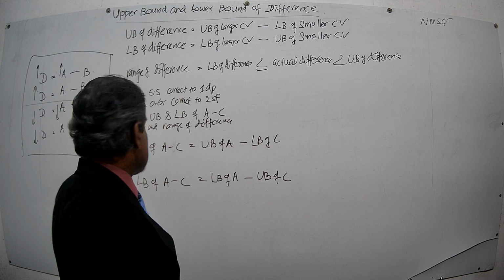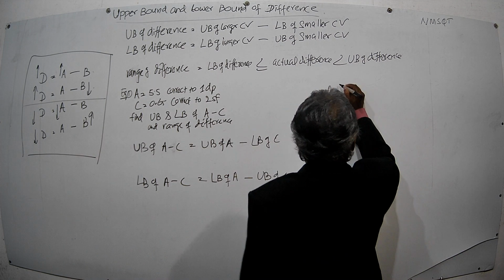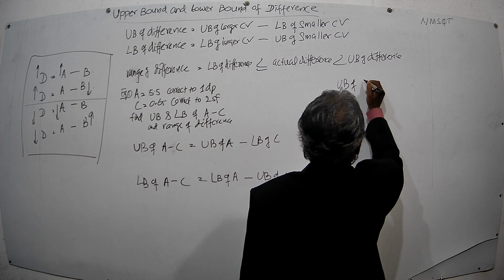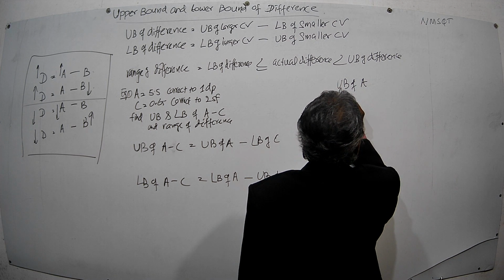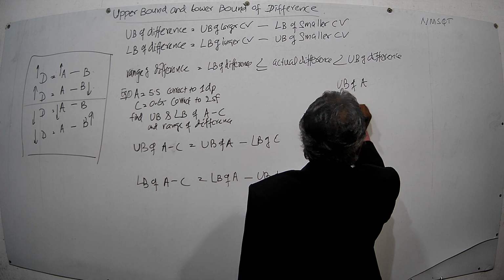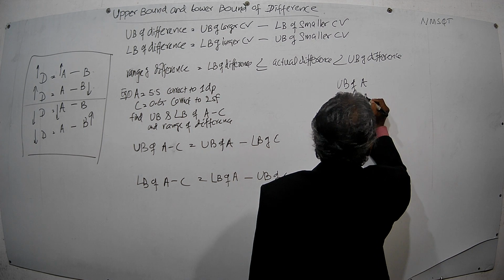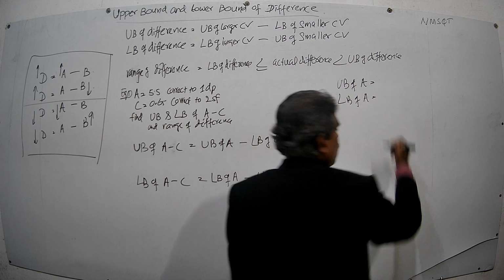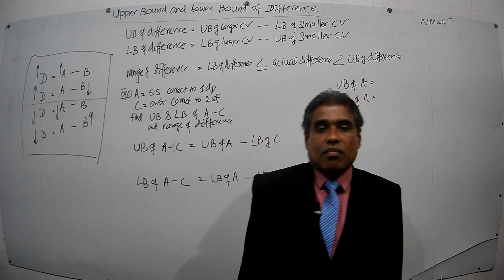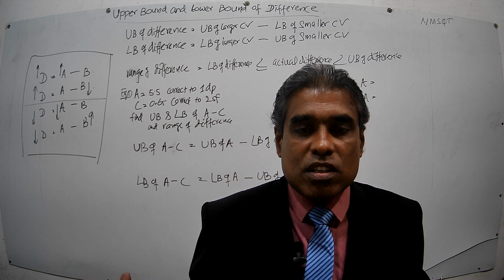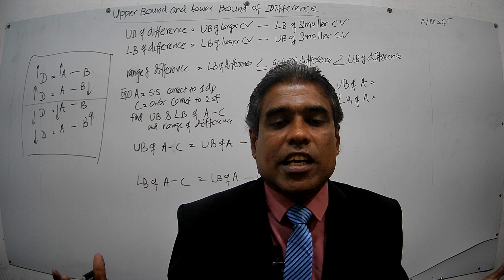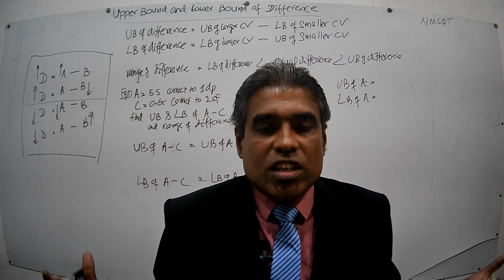We calculate first of these things. You write upper bound of A, then lower bound of A. Okay. We have already learned how to find the upper bound of a single value: single corrected value plus degree of accuracy over 2.